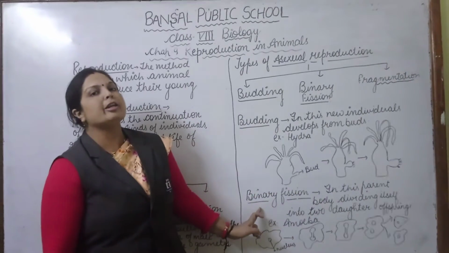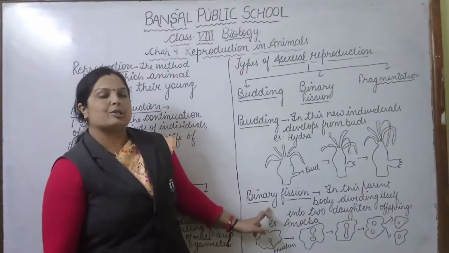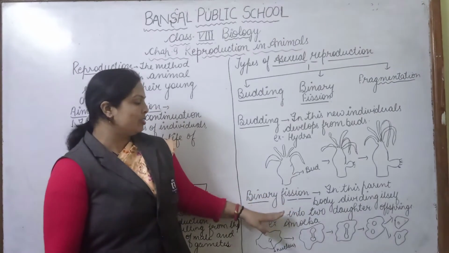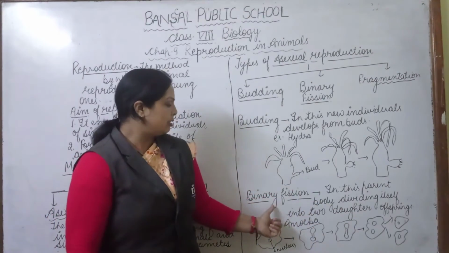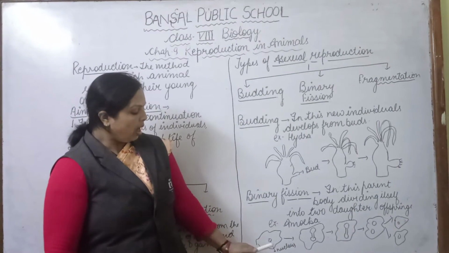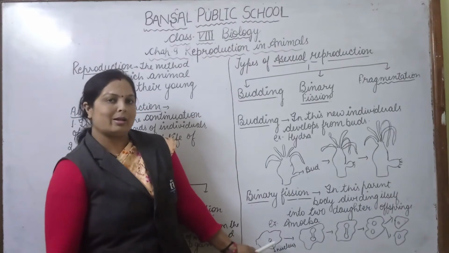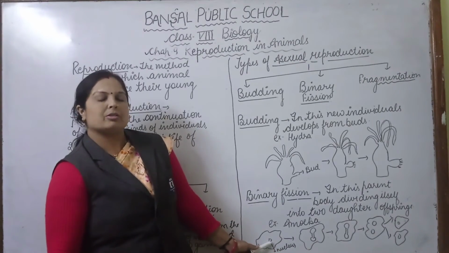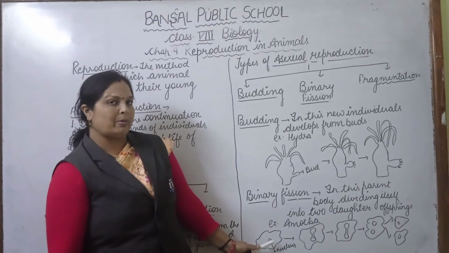Binary fission. Binary means two and fission means splitting. If the parent body splits into two organisms, two daughter organisms, this is known as binary fission. Example: amoeba, a single-celled organism. In this, first the nucleus divides, and nuclear division is followed by the division of the cytoplasm.